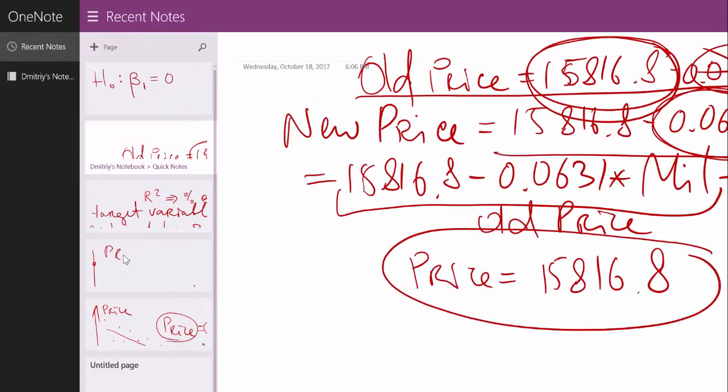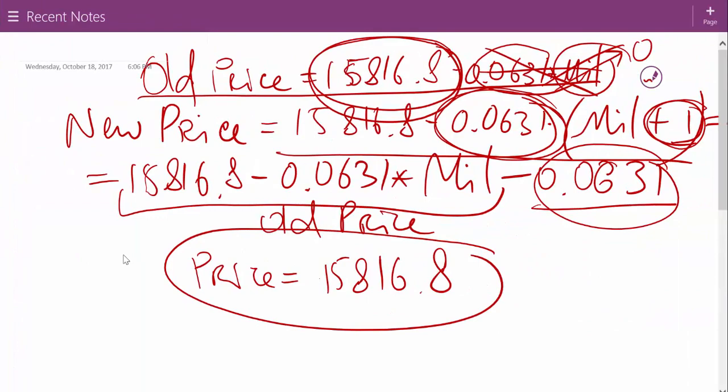Let's take a look. So in other words, I'm going to take this value and set it equal to 0. After that, does it matter what kind of mileage the car has? No, not really, right? If the slope is equal to 0, multiplied by the mileage, whatever the mileage is, the answer is 0, so price doesn't change, right? So mileage doesn't really affect anything.